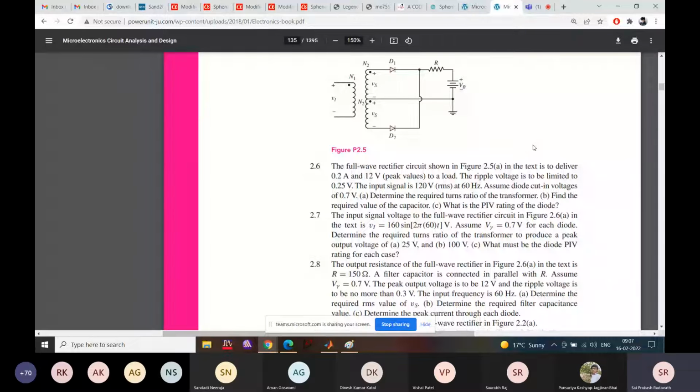Apply KVL there, so you will get 12 plus 0.7. So Vs minus 0.7 minus 12 is equal to 0.